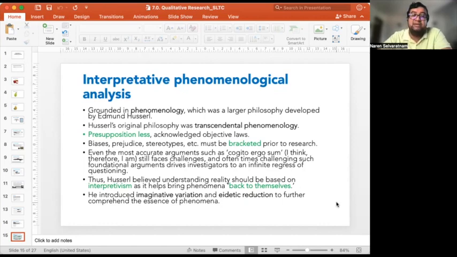That's why we use interpretivism, because phenomenologists believe understanding reality should be based on interpretivism. Interpretivism means interpreting something based on how someone makes sense. For example, if you go through depression, it has a specific experience.